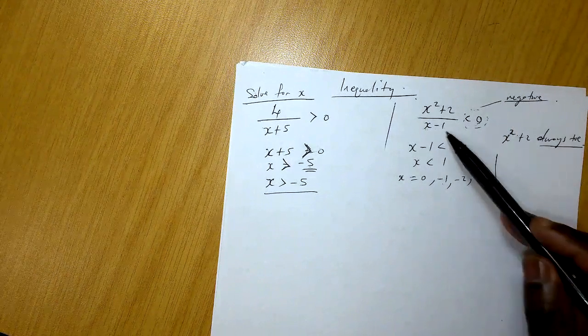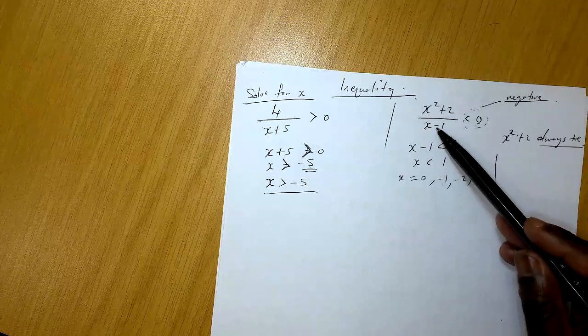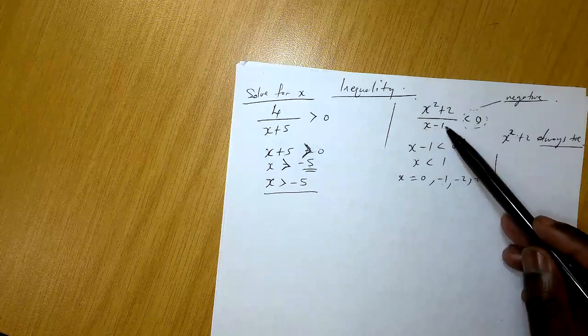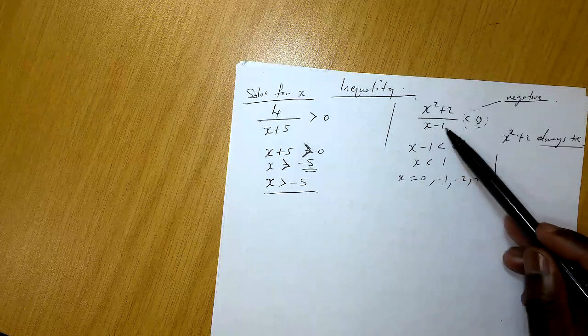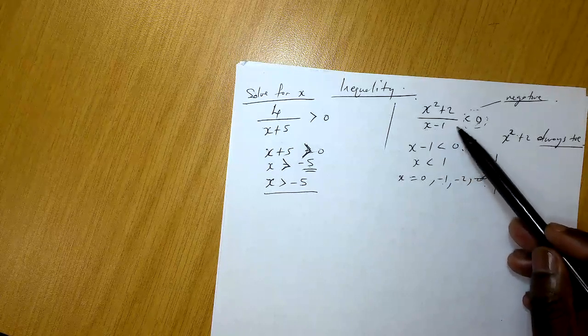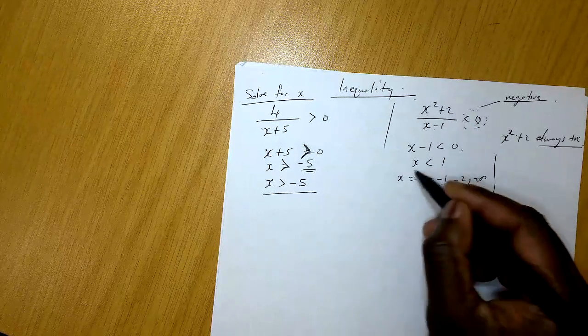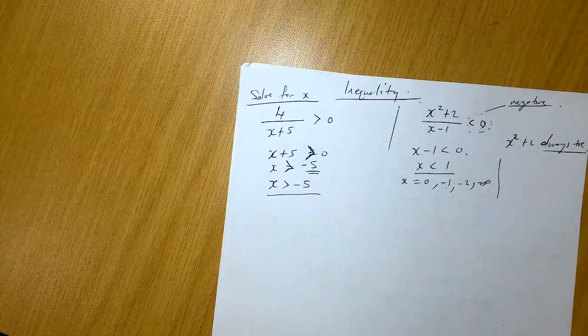Now, if you take anything above 1, let's say 2, you say 2 minus 1, you get 1. Is 1 positive or negative? It's going to be positive, and we don't want that. That's why we say the only solution here is x must be less than 1.